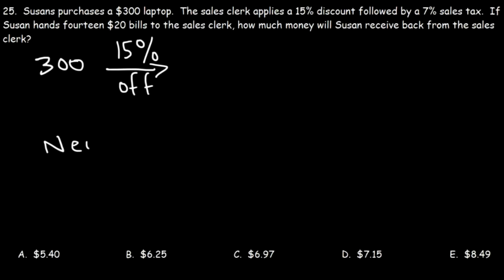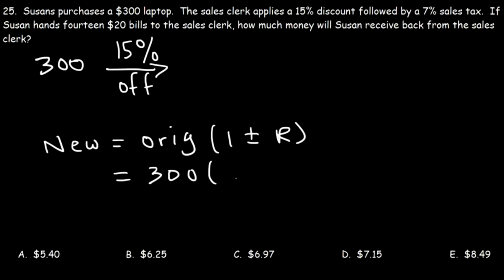The new price is equal to the original price multiplied by 1 plus or minus r. So the original price is 300, and 15% as a decimal, if you divide it by 100, is 0.15. And because it's a discount, it's 1 minus r as opposed to 1 plus r.